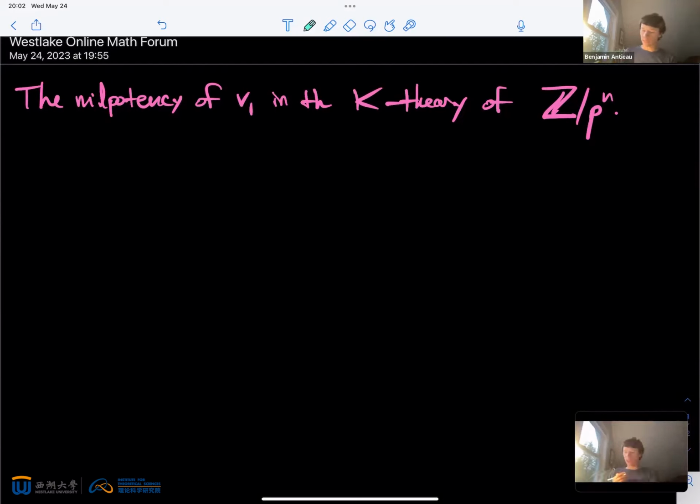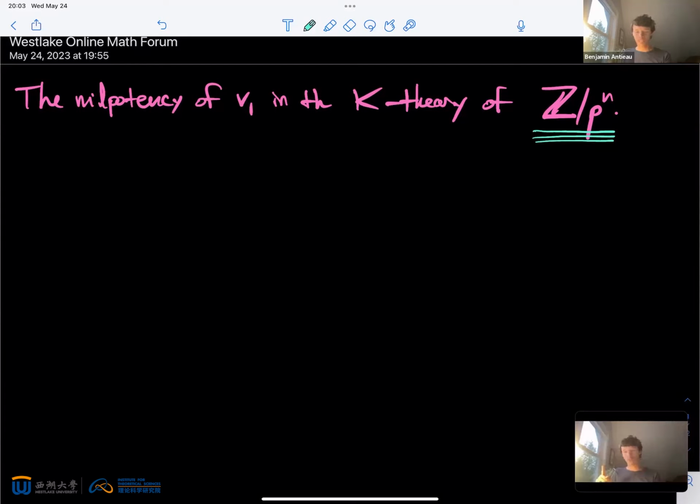I'm going to assume that Z mod P to the N is a known quantity. This means the commutative ring of integers modulo this power P to the N. It's a finite commutative ring, but if N is more than 1, it has nilpotent elements, and so it's not a field.